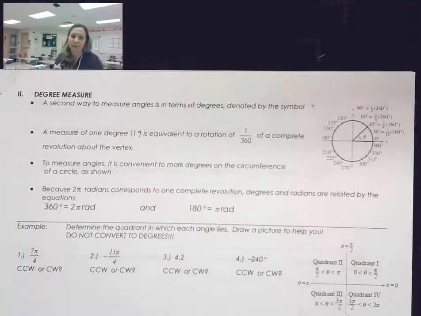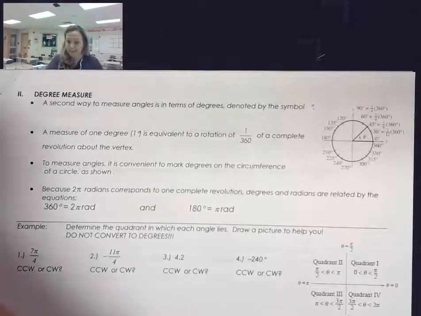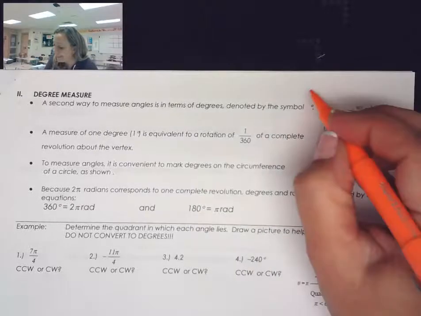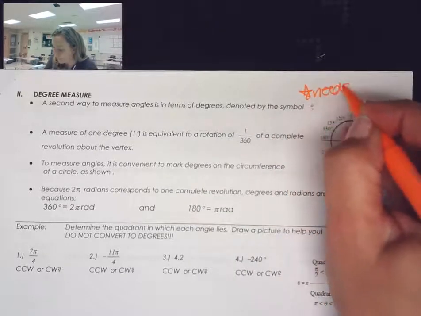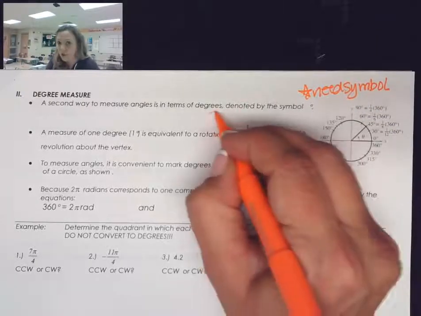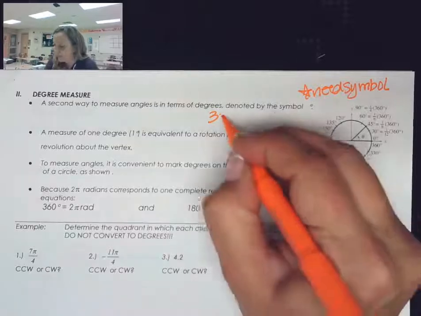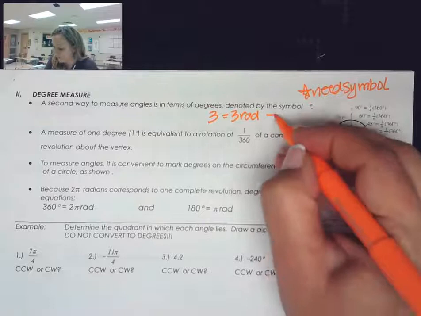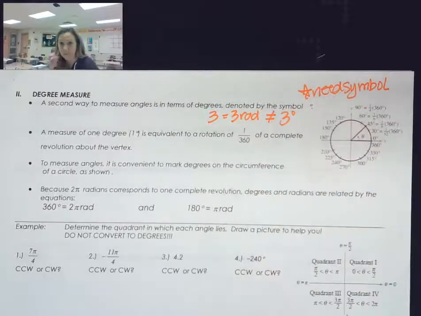So let's now make sure that we look at the degree measurement as well. A second way to measure angles is in terms of degrees, and that is denoted by the degree symbol, right? You need the symbol, okay? When you see, for example, 3, 3 means 3 radians, okay? And that is not equal to 3 degrees, right?